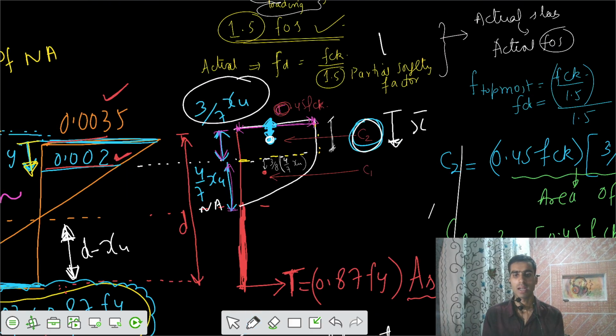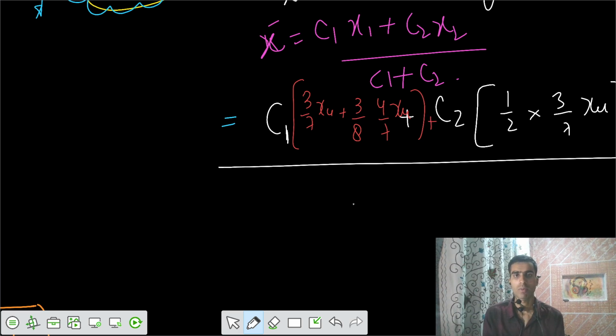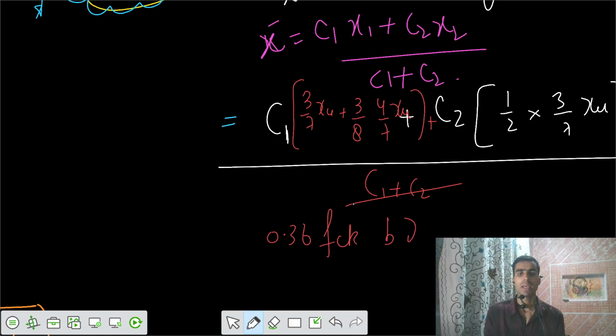So let's write that here. I would say one is your 3 by 7 of xu. After that we have 3 by 8 of 4 by 7 of xu. So this is the location of centroid 1 from the top, and divided by C1 plus C2. We know that C1 plus C2 was equal to 0.36 fck b xu.